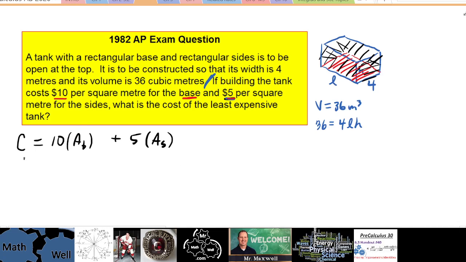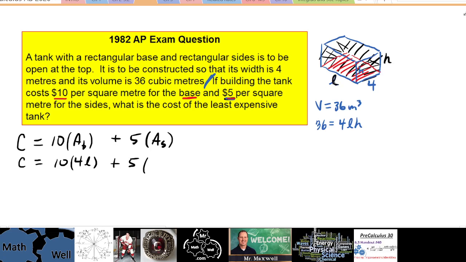So let's flesh this out a bit. The cost is $10. Now the area of the base can be expressed with my variables here as 4L. You might have done this, might have been X for you or whatever. So 10 times 4L. There's only one base. This one is $5 times, now the area of the sides is going to be what? I've got the area of the sides.